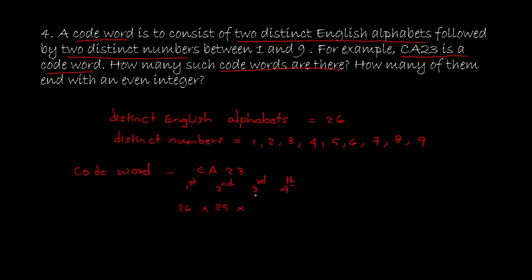The first digit can be selected in 9 ways, and the second digit can be selected in only 8 ways.